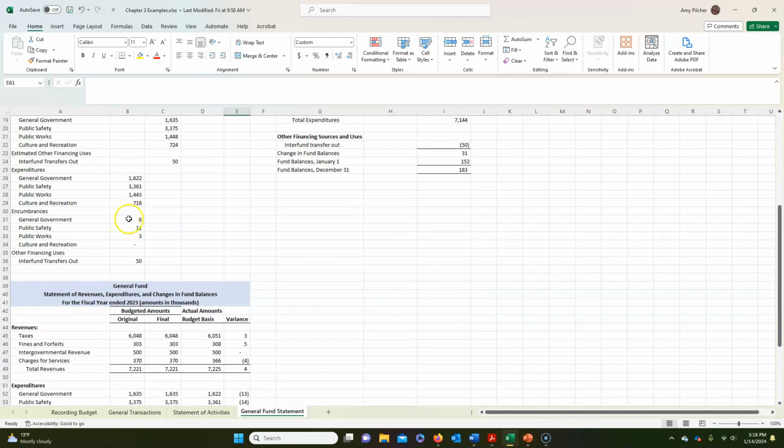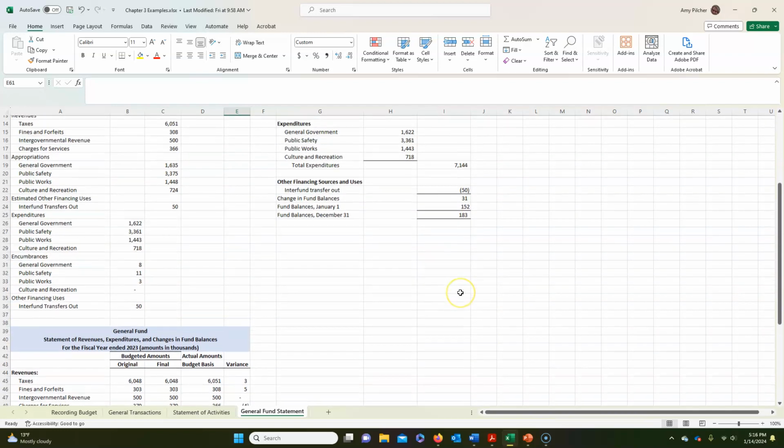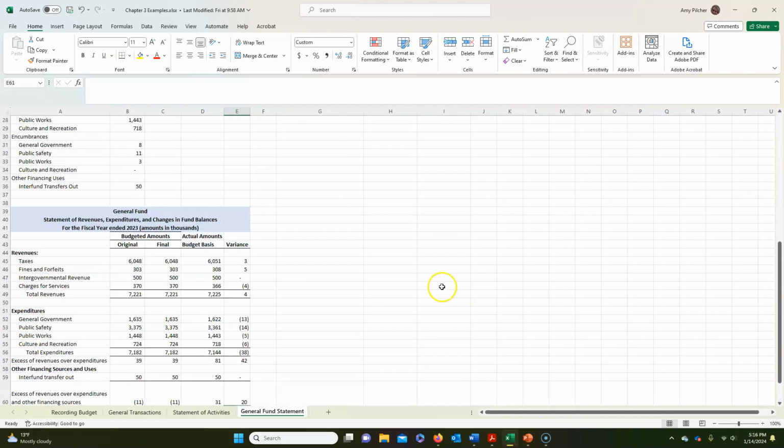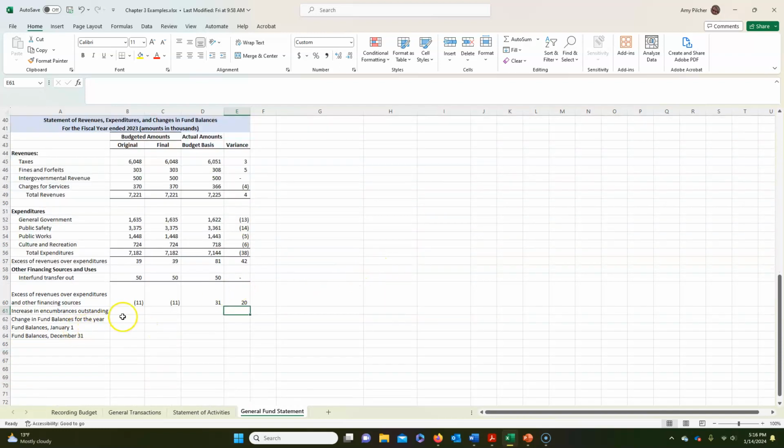These encumbrances, of course, remember that that is money that we have locked down that we haven't received yet. So here the increase in fund balances for the year. So we don't have anything here.